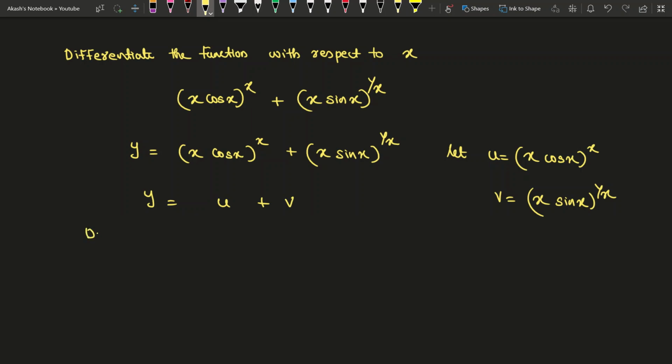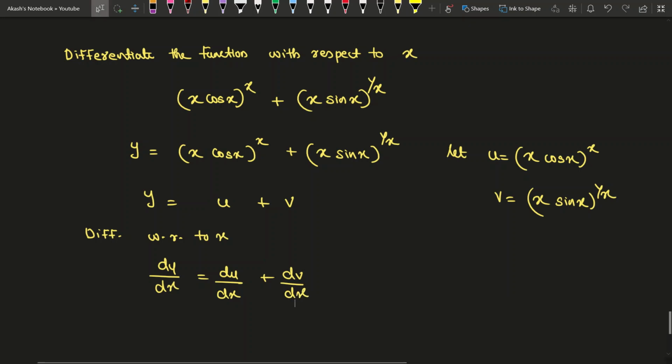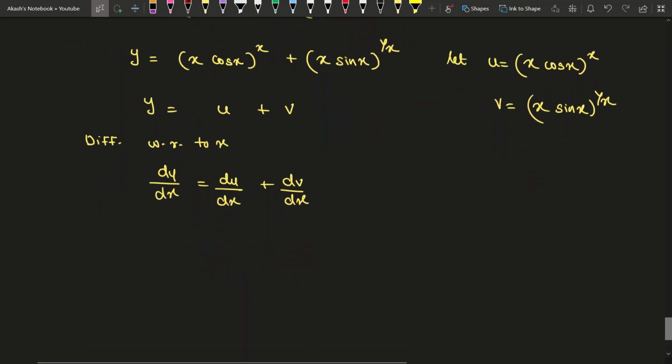If you differentiate the above function with respect to x, what you will get is dy by dx equal to du by dx plus dv by dx. Clear? But we need to find out what du by dx is and what dv by dx is. Clear? So first we will consider the first function.